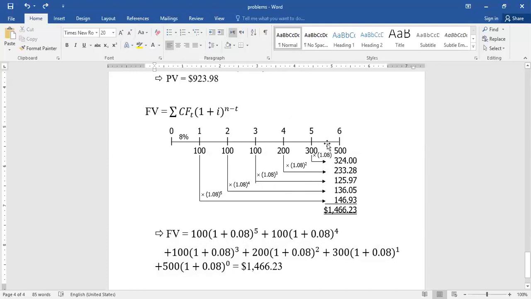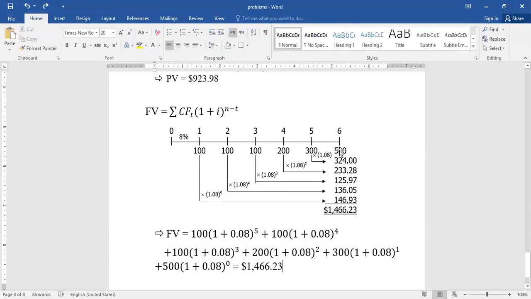The second-to-last cash payment is 300, my cash flow at year 5, t equal to 5. I need to find its future value: 300 times 1 plus 0.08 to the power 6 minus 5, which is my t, so to the power 1.